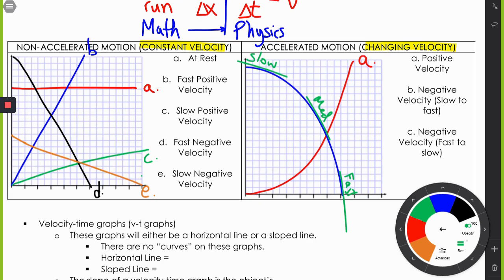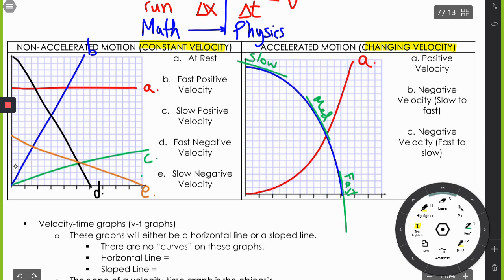Now, on the flip side of it, when you do the other way, the negative velocity from fast to slow, it's going to go the other way. Oh, sorry, I want to get a different color in there so we can distinguish these. All right, so it's going to be an upward opening parabola, but we're going to look at the other side of that parabola.